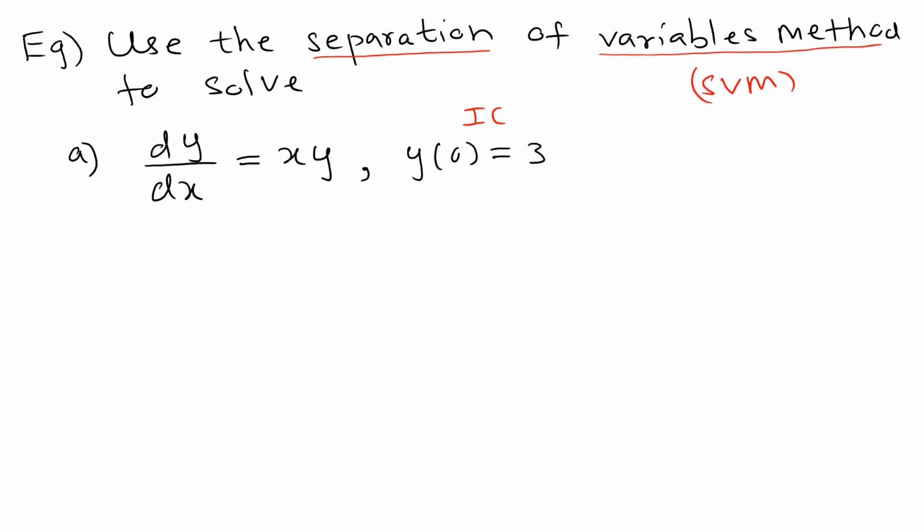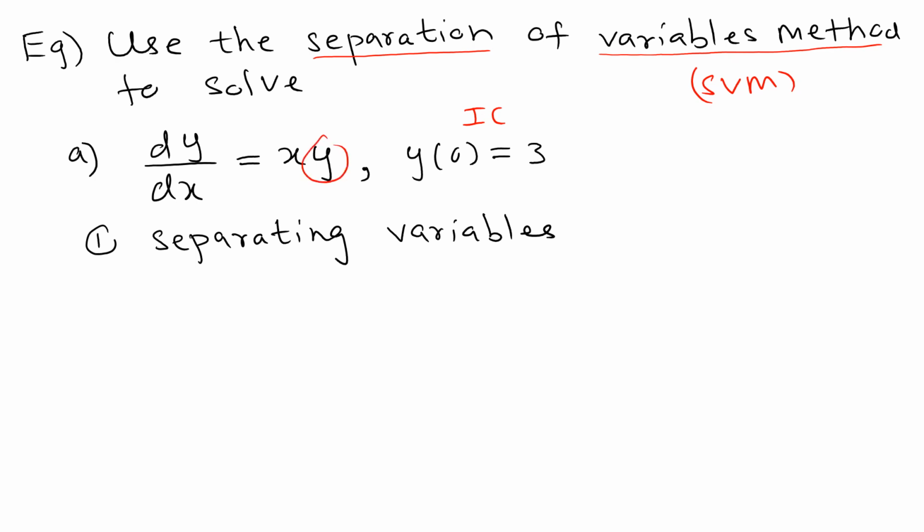The first step is you separate variables. That's step 1. For that, we move the y terms to the other side. That means we divide by y. So we can say dy over y equal x dx. That's the first step, separate the variables. And then the next step is we integrate both sides.